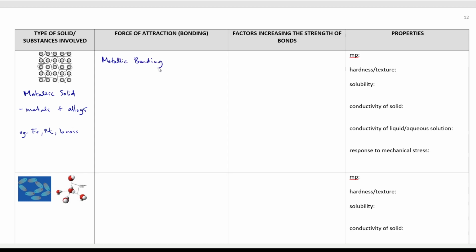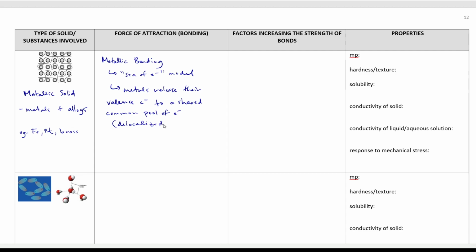And you will recall that metallic bonding is the sea of electron model, which is that the metals release their valence electrons to a shared common pool of electrons, which we would now say are delocalized, right?